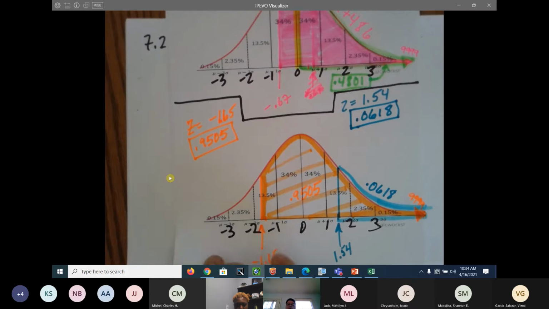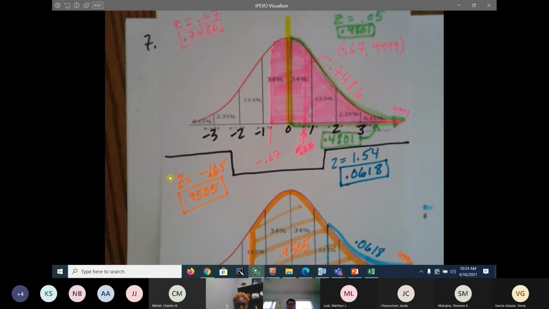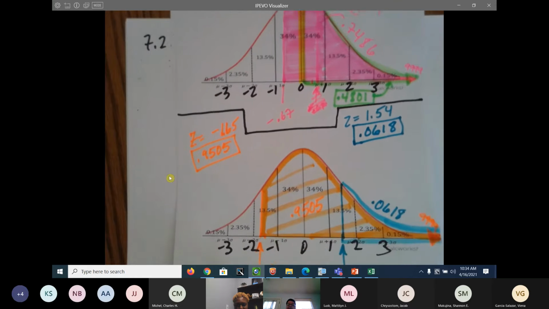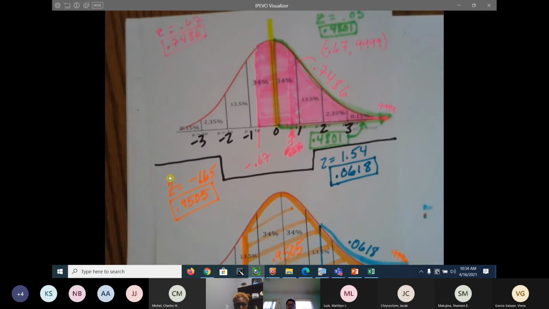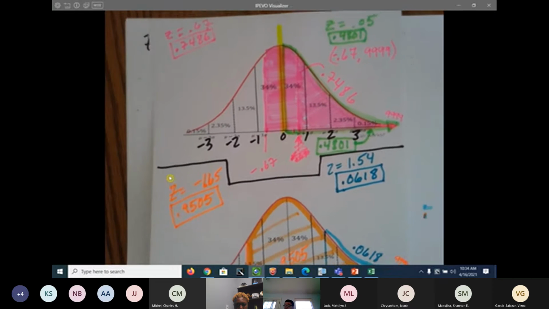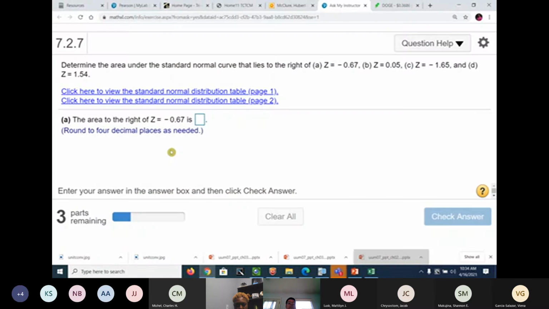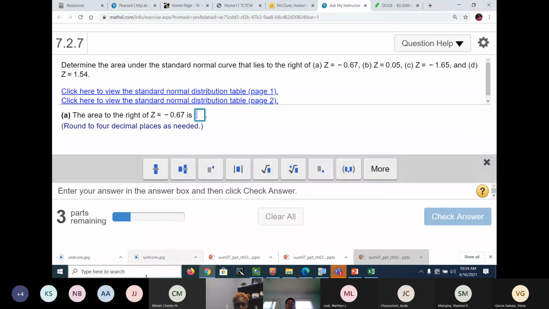So if you can do the one before this one, like it says to the left, and then you can do this one to the right, that's 8 test questions that could be on the test. So let's type them in and let's see what we get. Negative 0.67 is 0.7486.